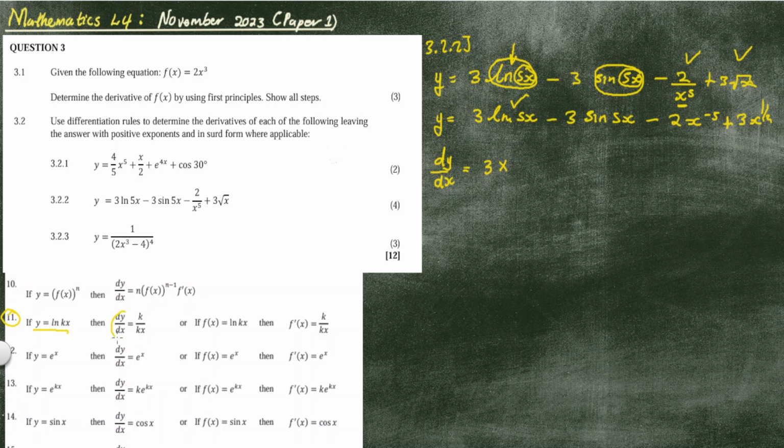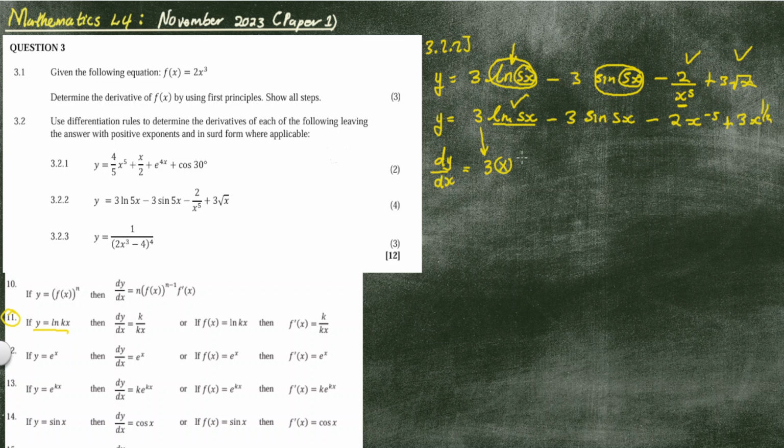The derivative for that is k over kx. So that is why it's this 3. Then I'm multiplying with the derivative of this.